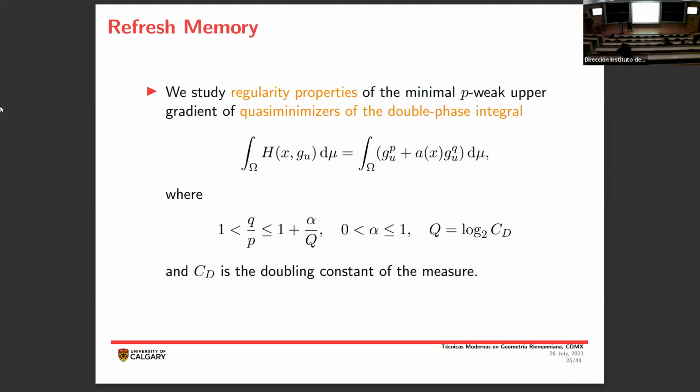And then this q over here is this one, where this is the doubling constant. So this q serves as the counterpart of the dimension for our space. So if we were working on R^n, then q would be n, right? Just bear in mind that this q comes from our assumption that our space is doubling.